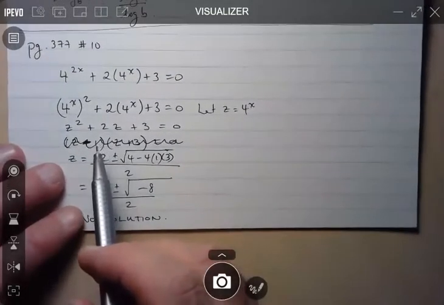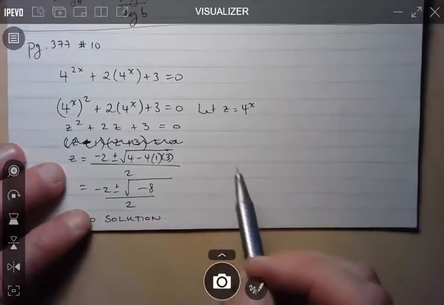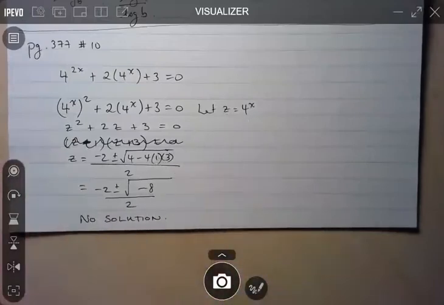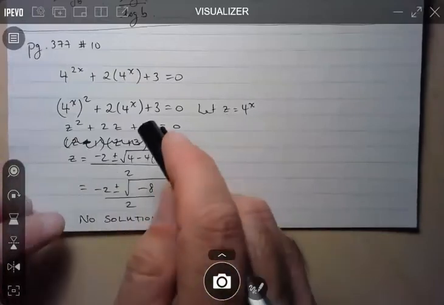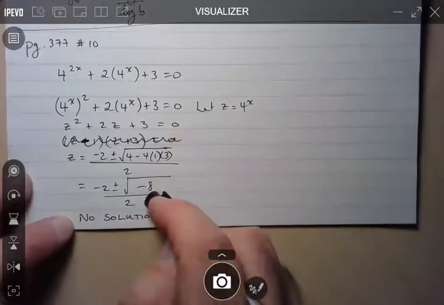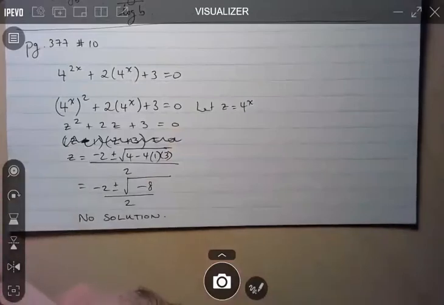So as we saw in class, if you end up with 4 to the x equals negative 7, similar to one of the ones we saw earlier, that might be another reason why you don't have a solution. It could be the polynomial has no solution, like this case here, or it could be the resulting exponential equation that has no solution. You have to be on the lookout for both.